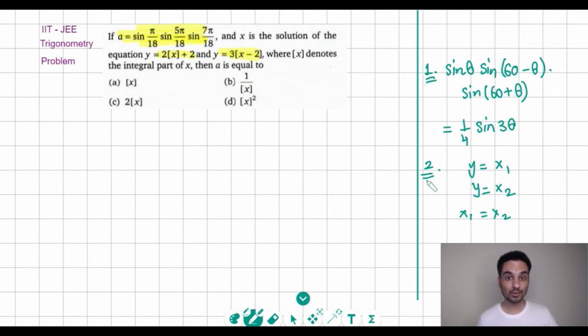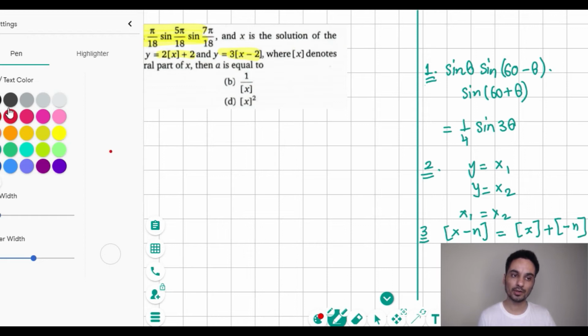The next concept that we'll use is that if you have greatest integer function x minus n, then it can be written as greatest integer x plus greatest integer of minus n. Okay, now as we have listed all the concepts, let's go ahead and solve this.